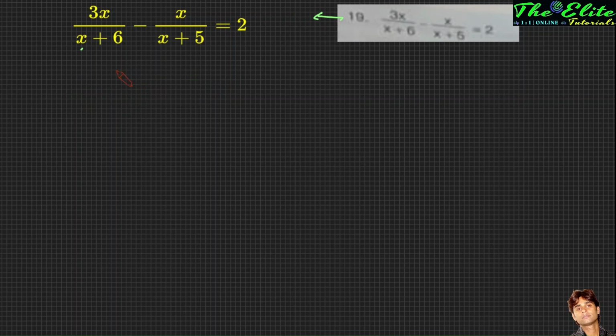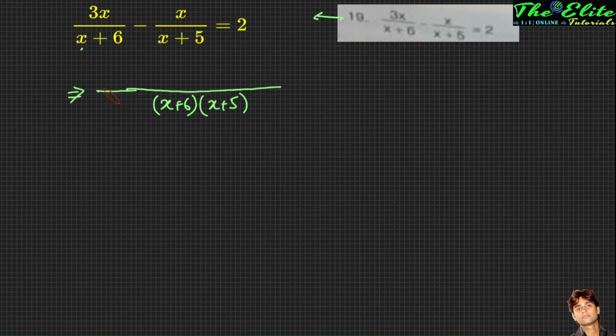So let's see. Now you have an idea how to start. We will write the LCM of these two expressions, because these are not numbers, so we will just multiply the two denominators.